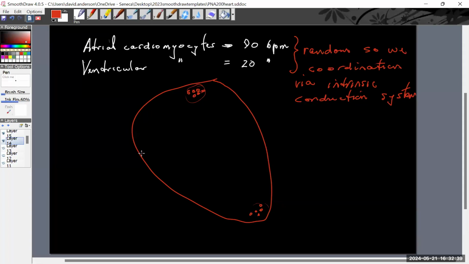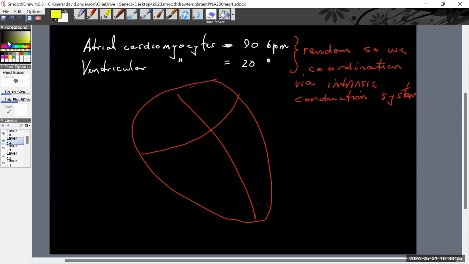Okay, so keep in mind that if we think about our 4 chambers, we're looking at an arrangement that's something like this. We don't need these in here anymore. And our conduction system, we're going to draw the conduction system in the color yellow.